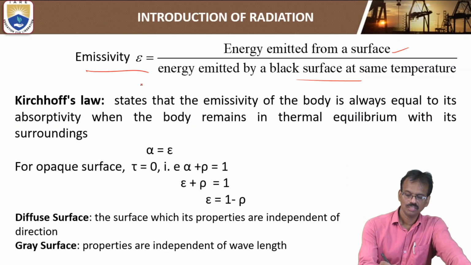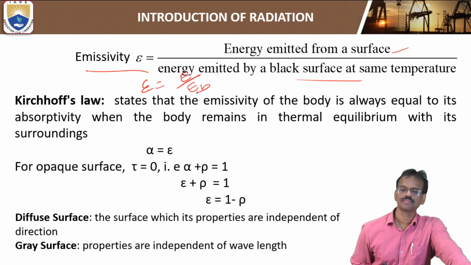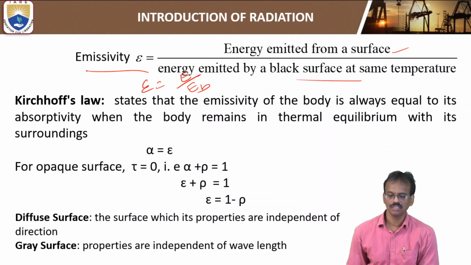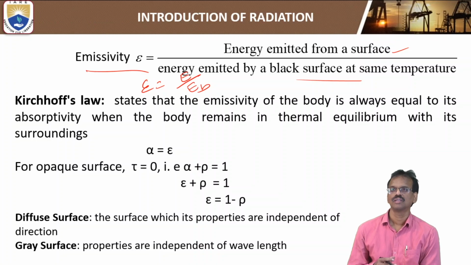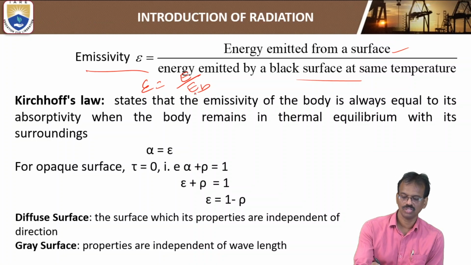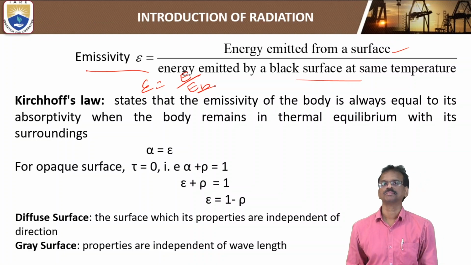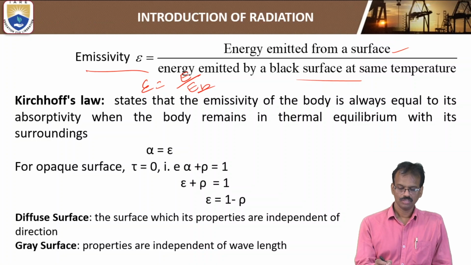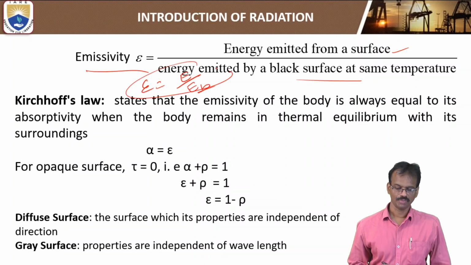It means epsilon is equal to E by E_b. E_b is the total emissive power of the black surface, and E is the total emissive power of any surface, like a gray surface. You have to remember these formulas.